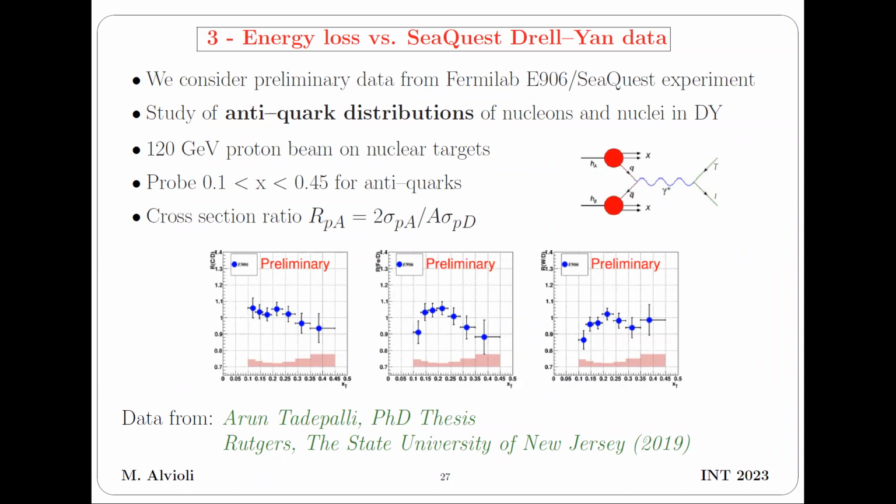By studying the ratio of cross sections, one gets this RpA. These plots are the preliminary data, mostly from a PhD thesis by Arun Tadepalli.